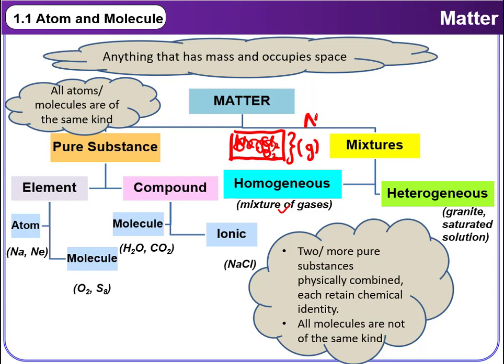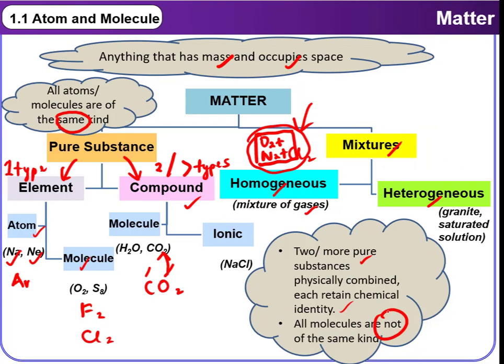Okay, N2 gas plus Cl2 gas plus O2 gas. So denoting a process involving the same phase. How about heterogeneous? Heterogeneous is the other way around, which it denotes a process involving substances in different phase. Okay.